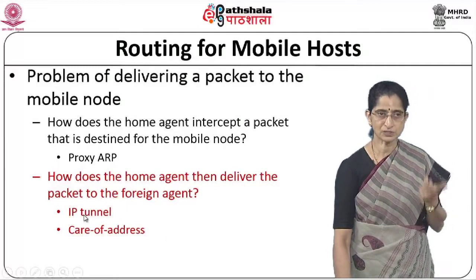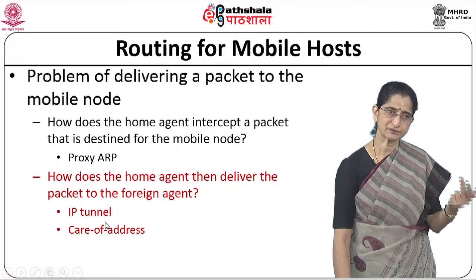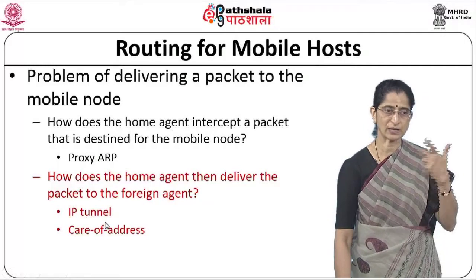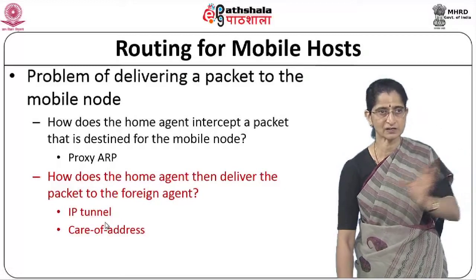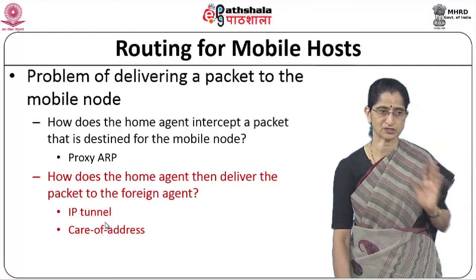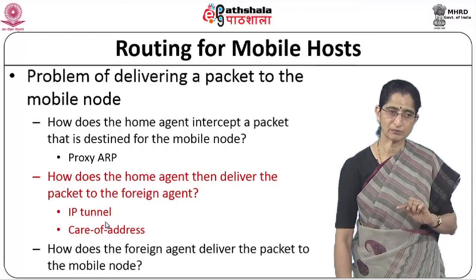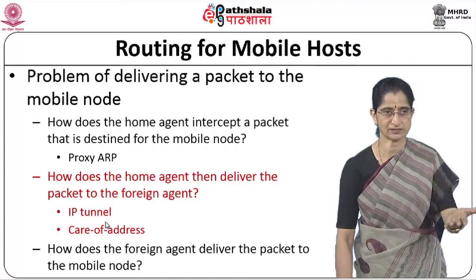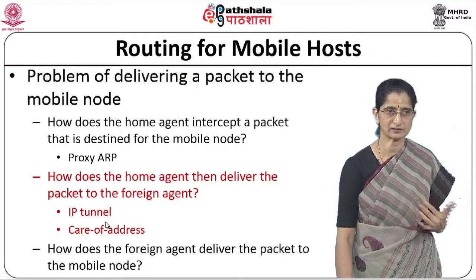That will have to be done by sending it to the care of address, and it is done by means of setting up an IP tunnel. You have a tunnel set up between the home agent and the foreign agent, so that this packet can be tunneled through from the home agent to the foreign agent. Now how does the foreign agent deliver the packet to the mobile node? That is the next step that you need to understand. All these questions, how these are actually done, we look at in detail now.